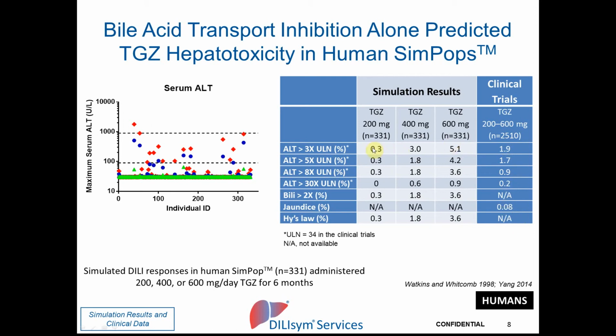And you can see that the predicted incidence of where in the clinical trials the patients ranged from 200 to 600 milligrams based on tolerability. In combining the frequencies at each of the various ALT thresholds, the predicted frequency is really nicely consistent with the observed frequency or the reported frequency from the clinical trial data.